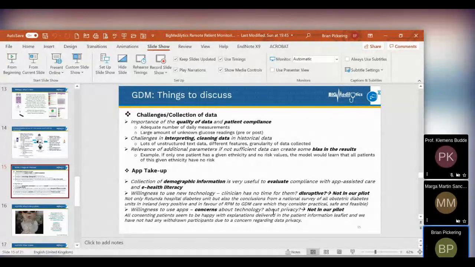And they said, we don't actually care about the privacy of the data so long as it does benefit other people with this condition. So I think what we're both finding is that people are a lot more sophisticated about their data protection than we kind of think. And especially in a medical environment, with these apps, with these technologies, there's less concern than we think. Yeah, exactly. That was a very interesting finding.